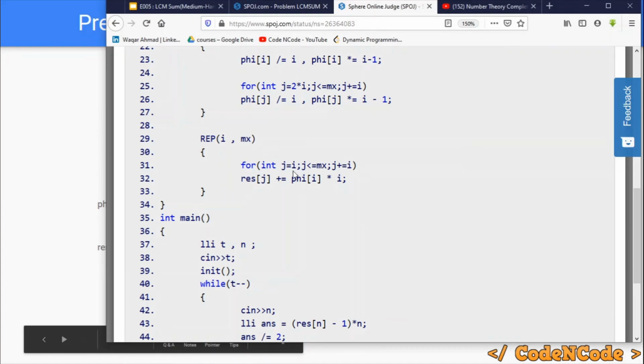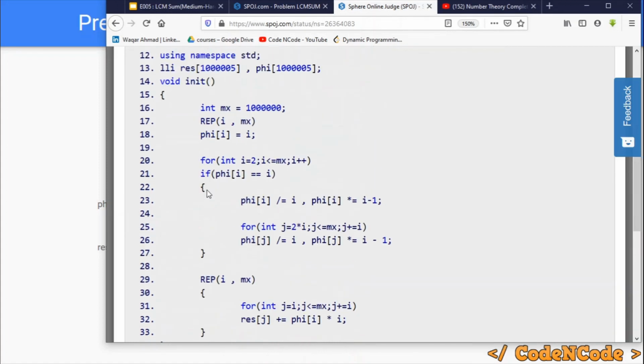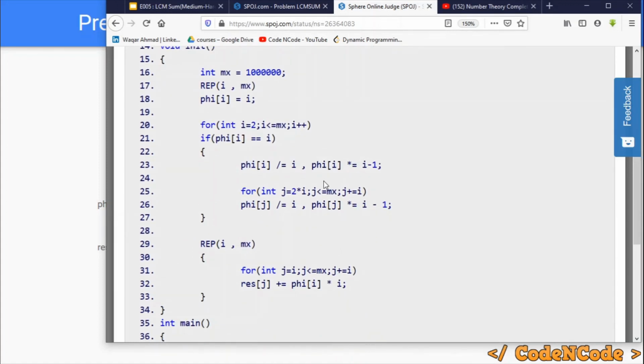As you can see, for each I from 1 to 10 to the power 6, for each multiple of it, we are adding I times phi of I, because I would be a divisor of that number j. Here we are again using the sieve method, and the overall complexity would be the same as that of sieve. So pre-processing time doesn't take more than n log n time.